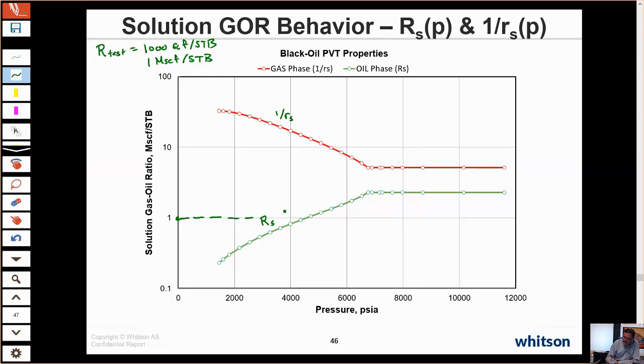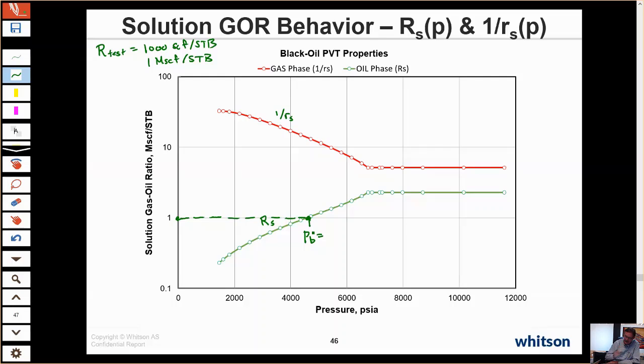This is doing what we did in that cryptic stuff on the previous page. You basically just go in and you find this point right here.